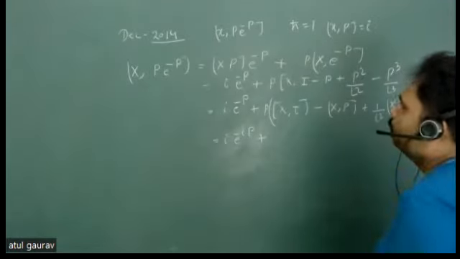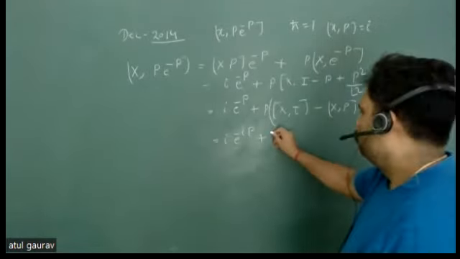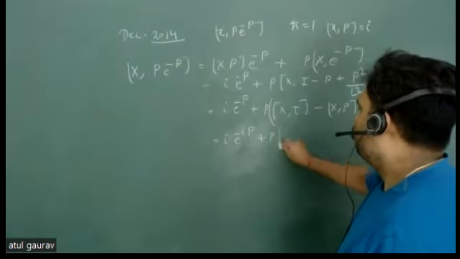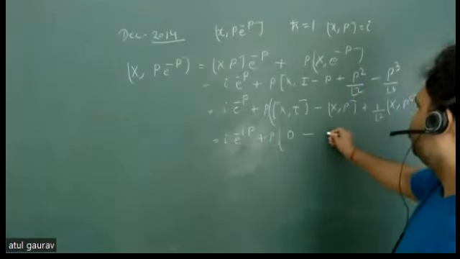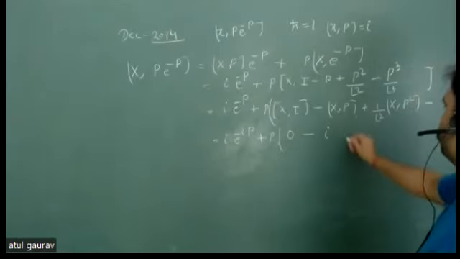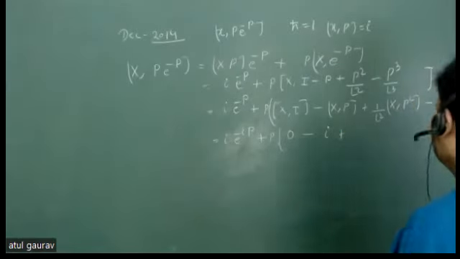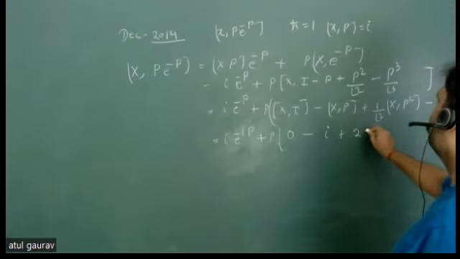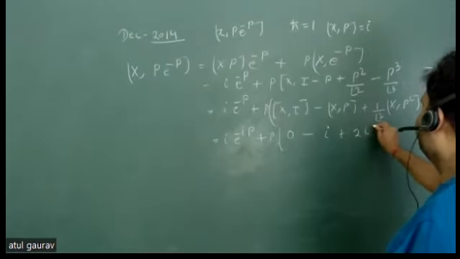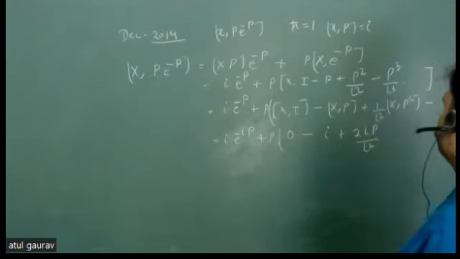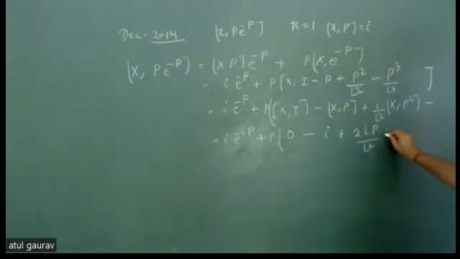What will be [x, p]? i. What will be [x, p square]? 2 times ip, 2 times ip by factorial 2, isn't it? What will be the next one? Tell me, what will the next one be? Plus or minus? Minus sign. So that will be 3i p square by factorial 3 and so on.